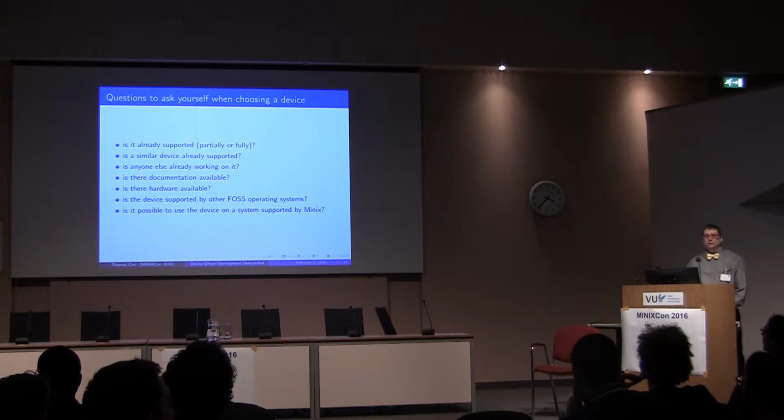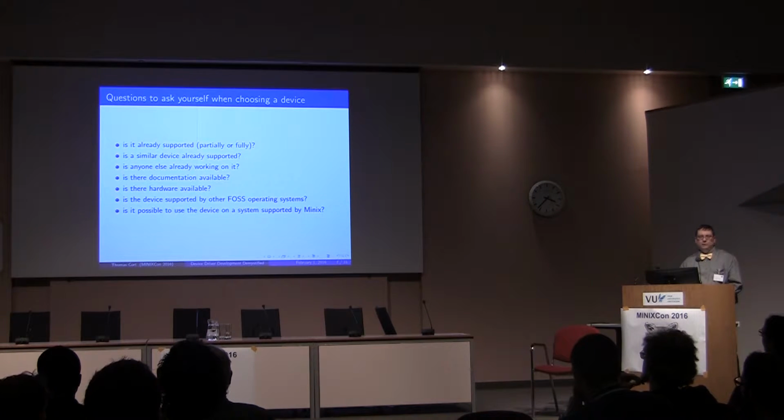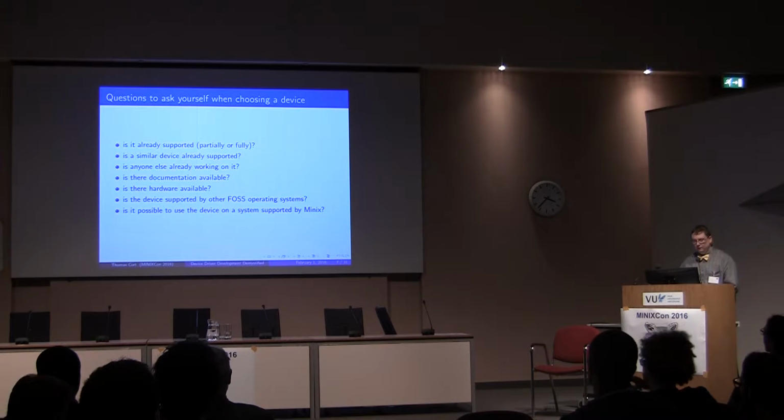So when you're going to choose a device to write a driver for, you should look to see if it's already supported or partially supported, or if there's a similar device. Sometimes with network cards, it's as easy as just adding a PCI ID or just a few lines of code. You can check on the Minix Google group if anyone's already working on the driver for that device.